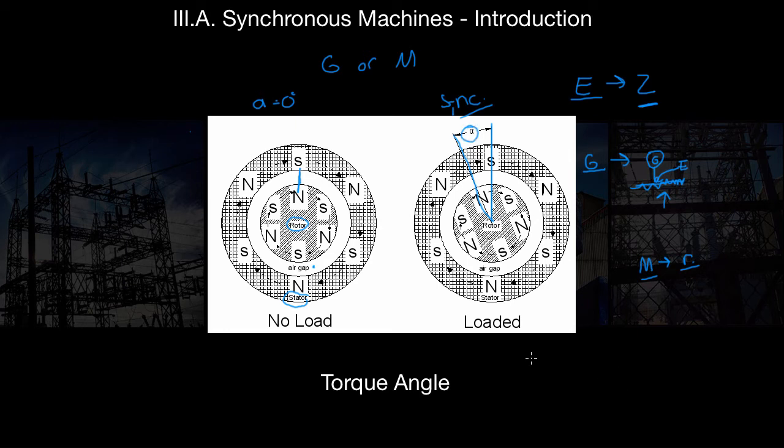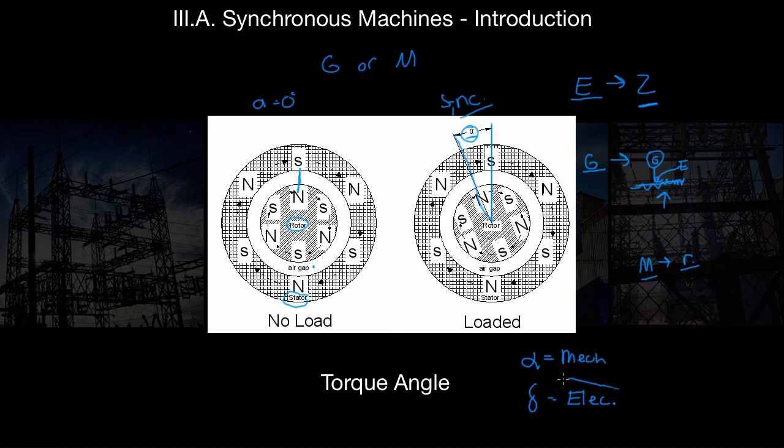The alpha, lowercase alpha, is our mechanical angle. So if we were to actually get like a protractor and measure this angle, that would equal alpha. And alpha is responsible for lowercase delta, which is our electrical angle.